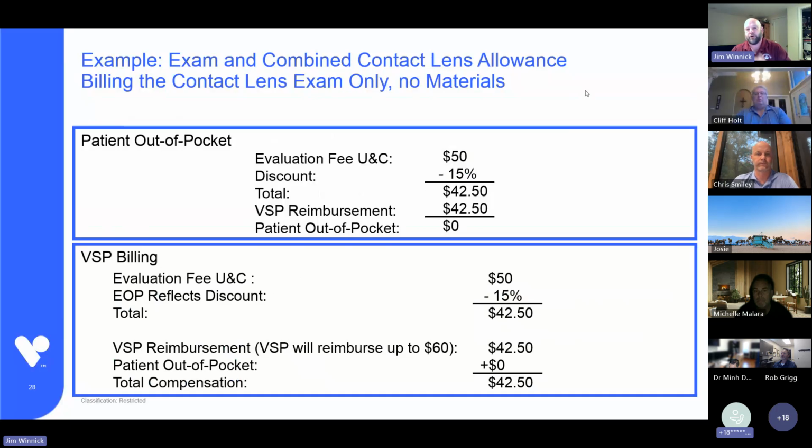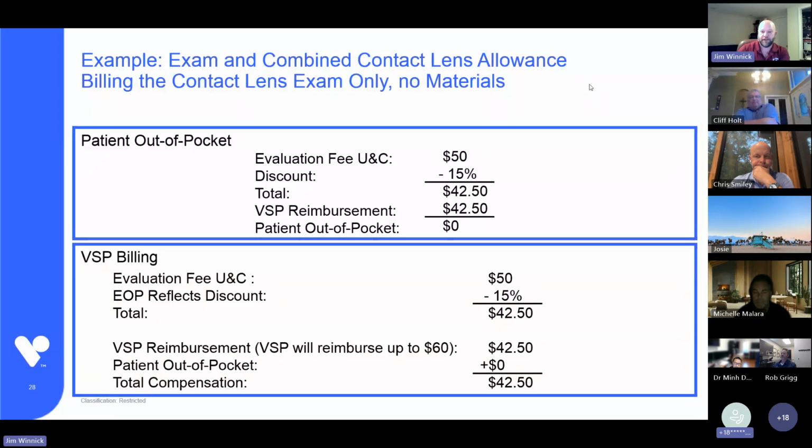Here's the reason why I'm always going to offer the patient the choice of whether they want me to bill their VSP. So this is an evaluation fee of $50. So you get the evaluation fee of $50, you're only at $42.50. So that's below the $60 payment that VSP is going to give us for this plan, as they stated, if they get materials only.